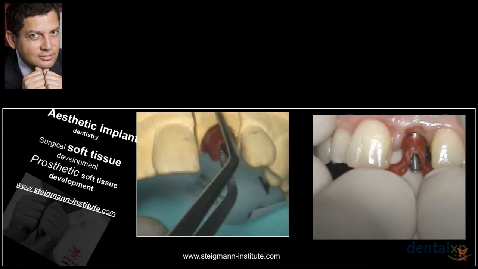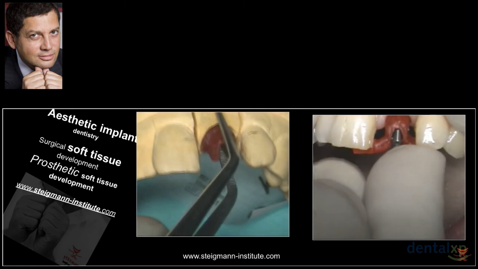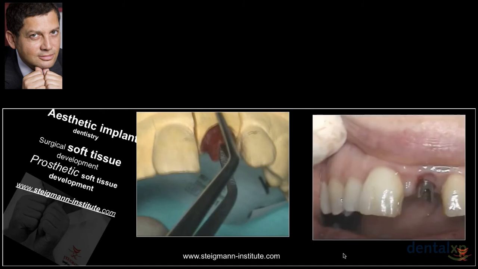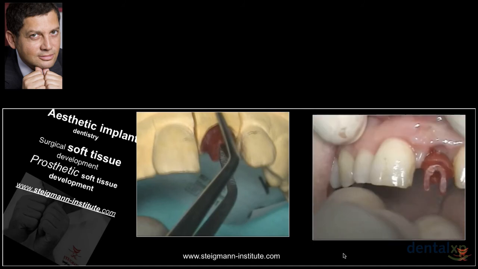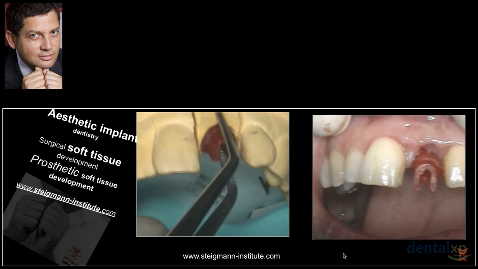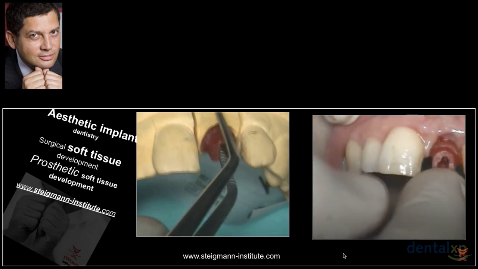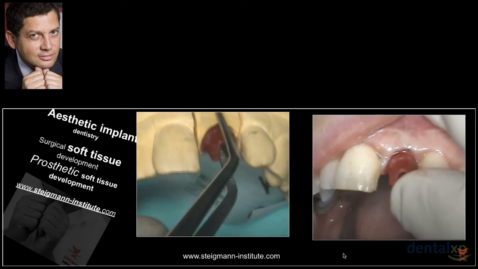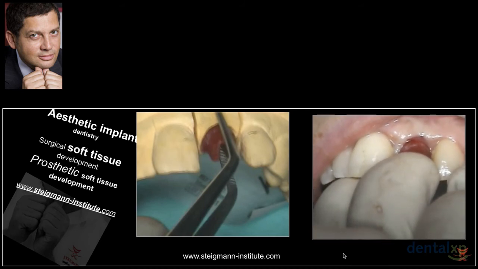Now the two parts are tried in together in the patient's mouth. First the abutment, and you can see the discrepancy between the abutment diameter at this point and the future emergence profile. This soft tissue will be moved into the ideal position under pressure, and at this moment we can still modify our abutment according to our needs.